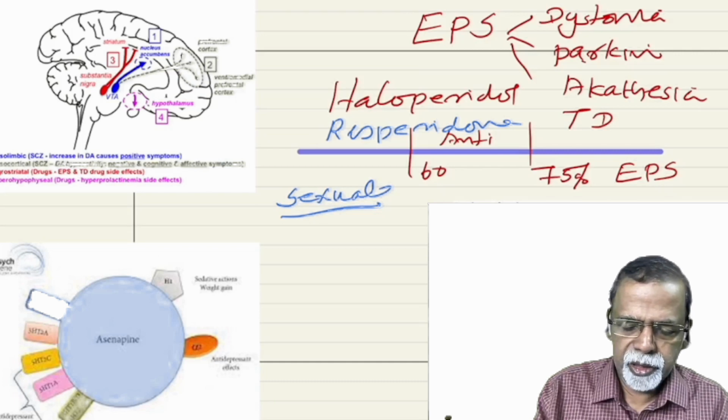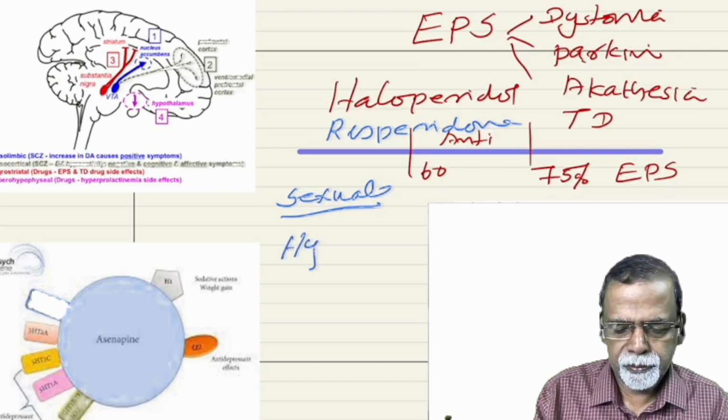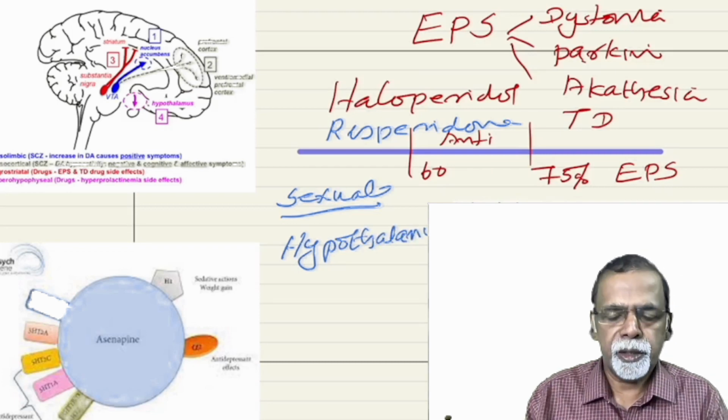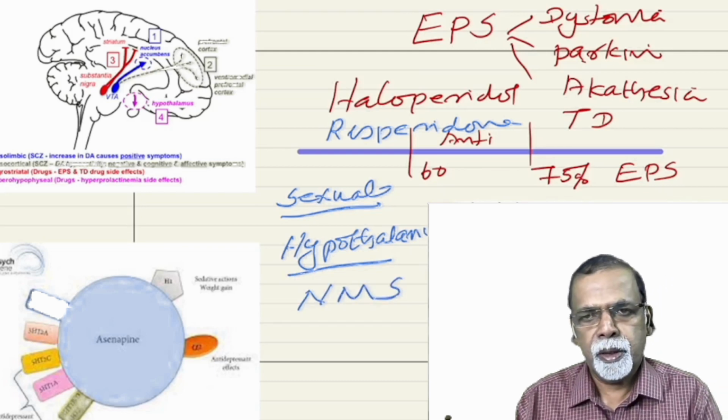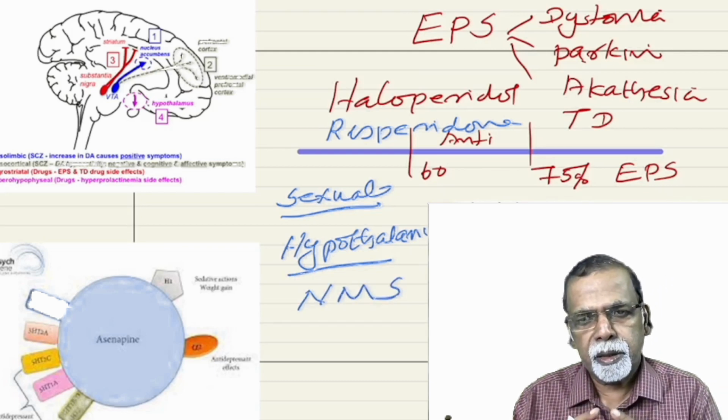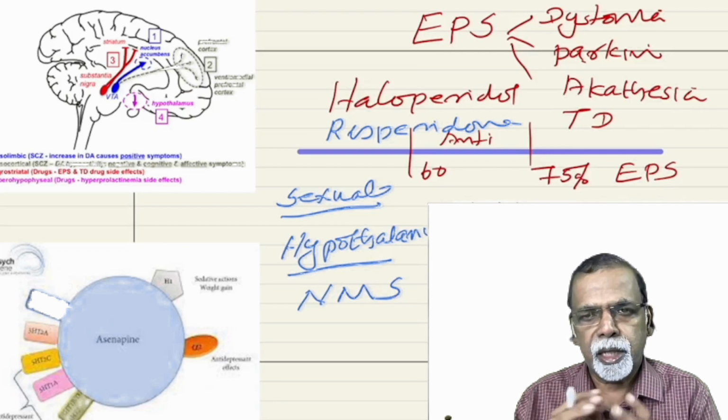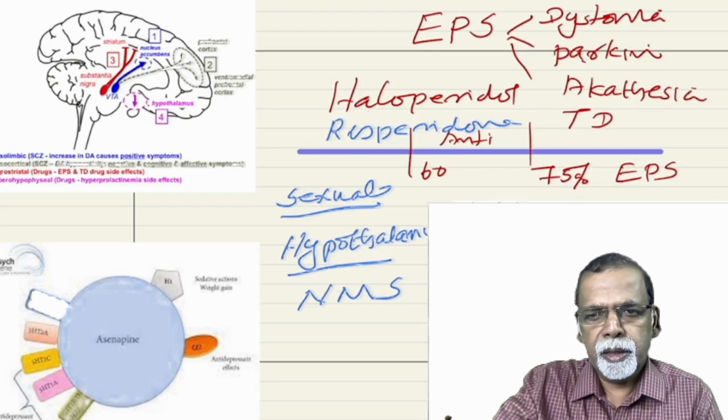Then the D2 receptors are present in the hypothalamus. Blockage of these can lead on to the neuroleptic malignant syndrome. NMS is rare, occurring in less than 0.5 to 1% of patients. It is a rare situation, but a life-threatening condition. It is characterized by hyperpyrexia, extrapyramidal features, that is muscle rigidity, mental status changes, and autonomic dysfunction.